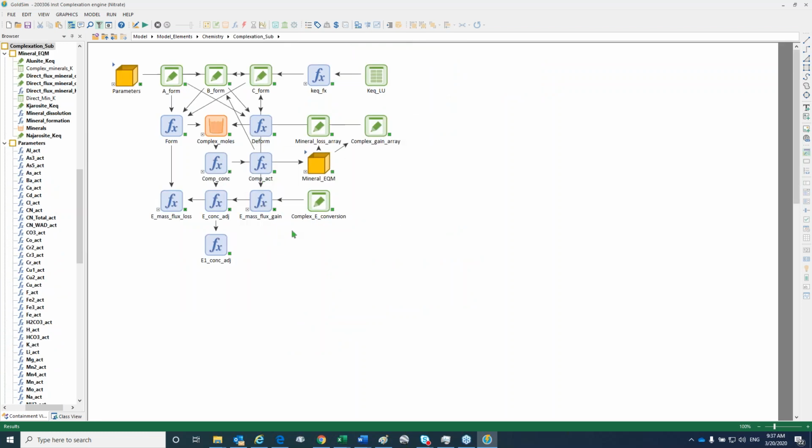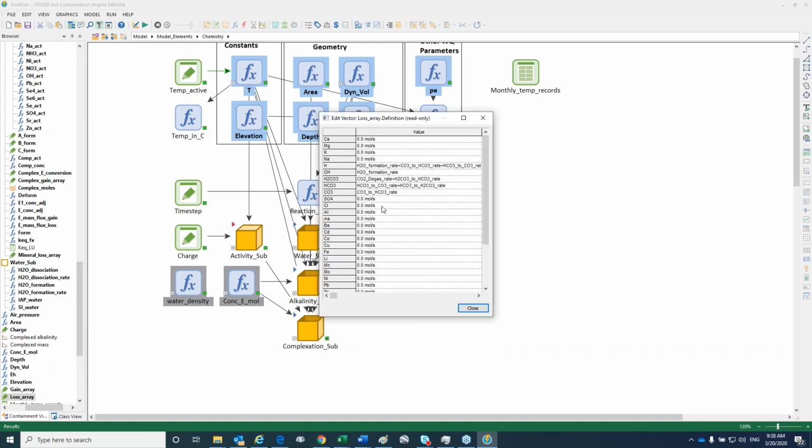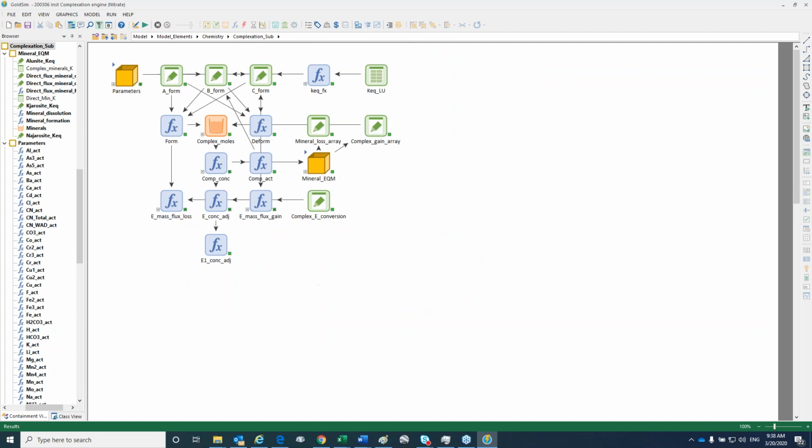The complex flux is utilized in a couple of different areas. But basically, what I want to do is this keeps the calculations straight. So all of the loss array and the gain array are only for elements that are explicitly modeled, and for the complexation, these are actually all for direct flux between the different species states in terms of complexes and minerals.